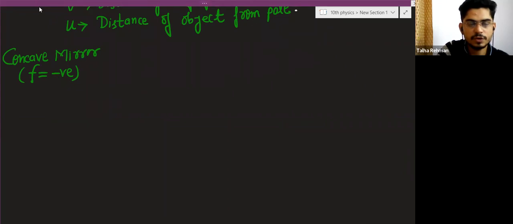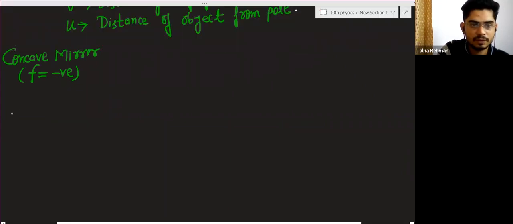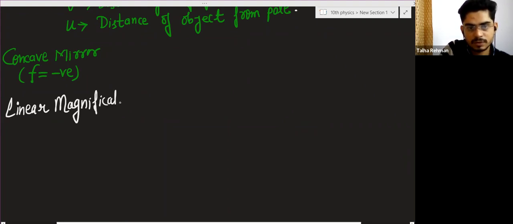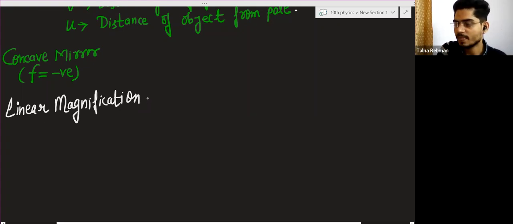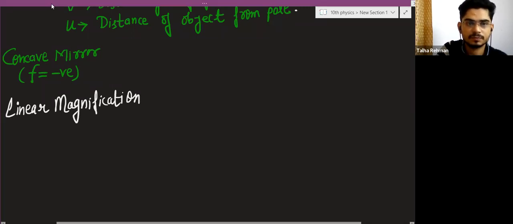So there is one more term, linear magnification. Linear magnification tells us the ratio of the size of the image to the size of the object.